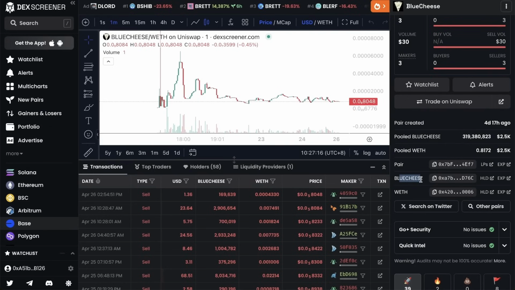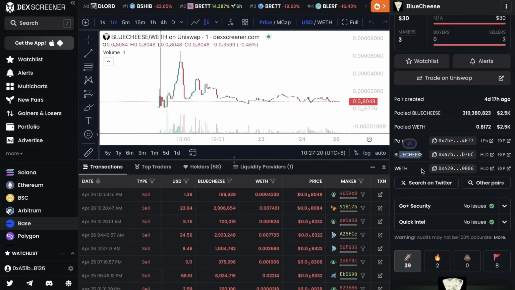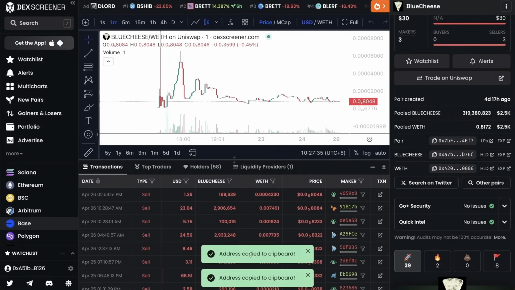Why? Because anyone can choose the name you will see here. We can copy different names. However, you can only have one contract. See it as the serial number of a device you buy. There is only one serial number. This is the same thing here. So I click copy on it. We can see it's copied to the clipboard and I copied it probably 15 times. So we should be fine.